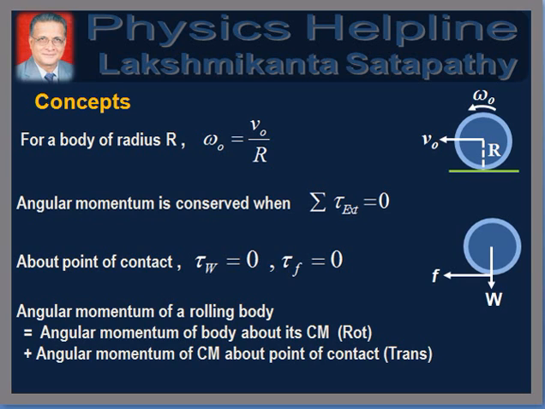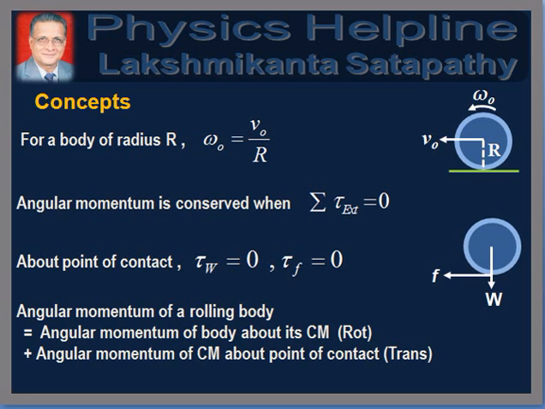We choose the point of contact as the reference point for the following reason. The two forces acting on the body are weight of the body W and force of friction F as shown. We observe that the lines of action of both the forces pass through the point of contact. Therefore, torque produced by these forces about the point of contact is 0.